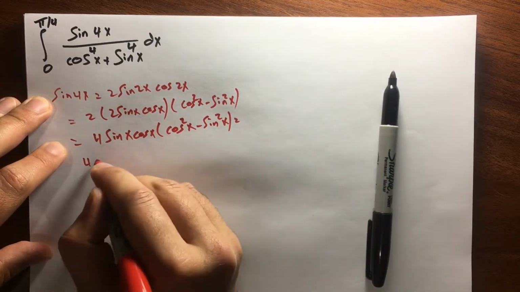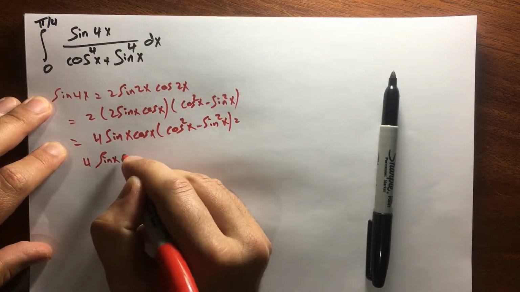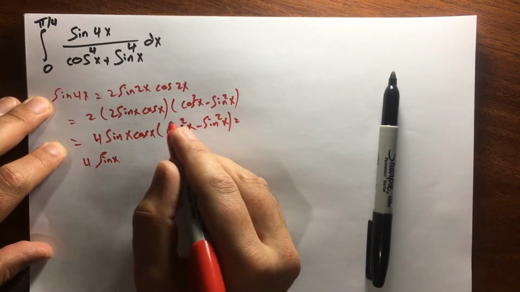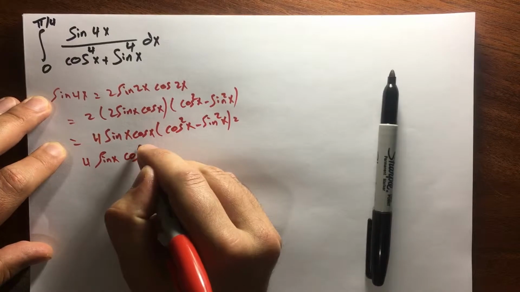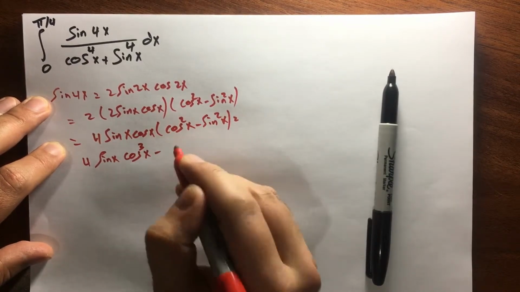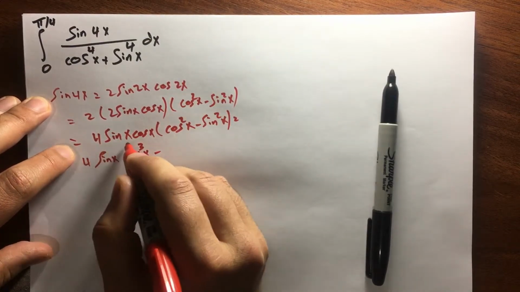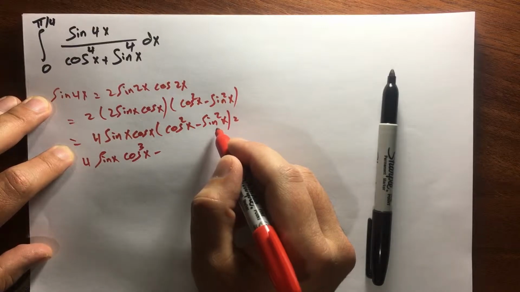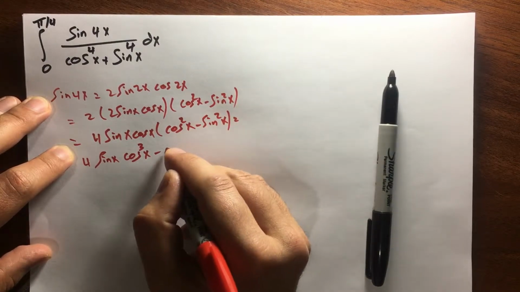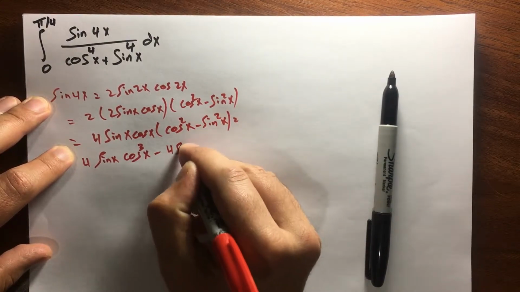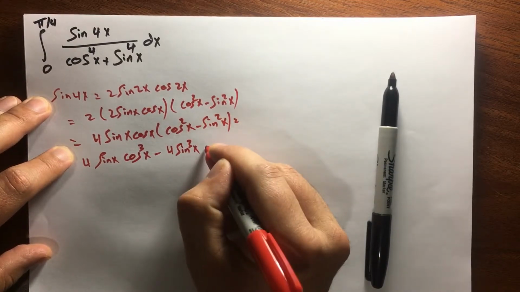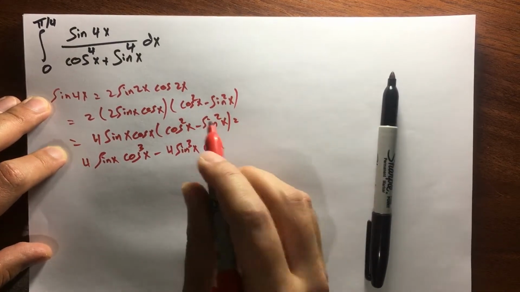Now we have sine x cosine x times cosine squared x, which is cosine cubed x, minus 4 sine x times sine squared x. This equals 4 sine cubed x cosine x.